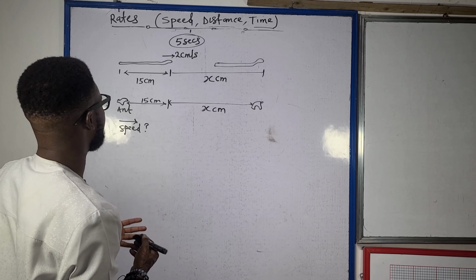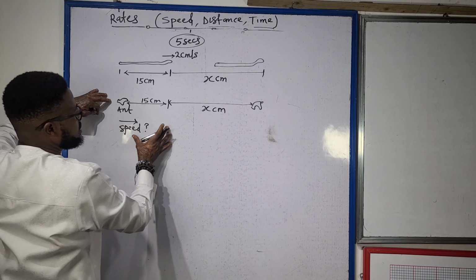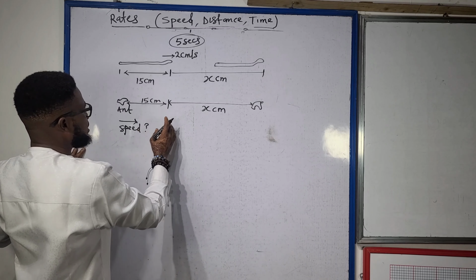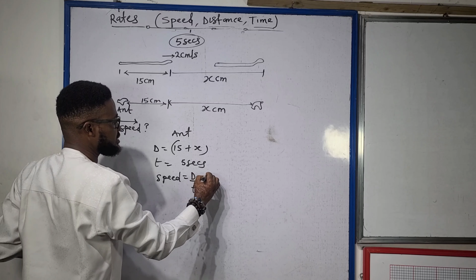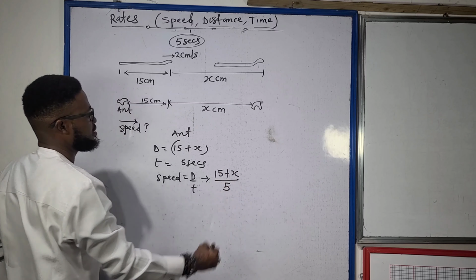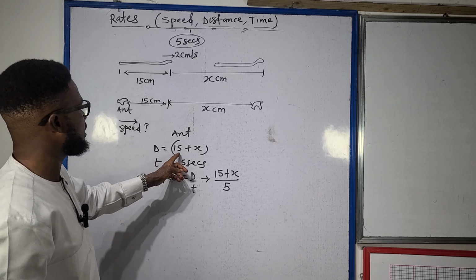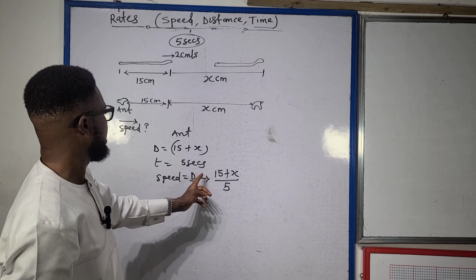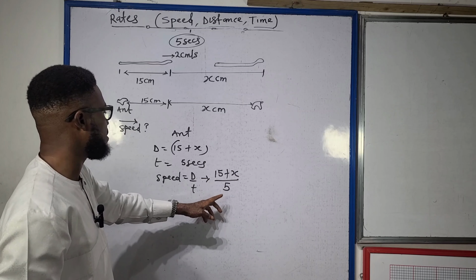So looking at this, for the ant, the distance here now is 15 plus x. The timing here is 5 seconds. That's talking about the ant. So for me to get the speed, it will be distance over time, and this will mean 15 plus x divided by 5. 15 centimeters plus x centimeters divided by 5.